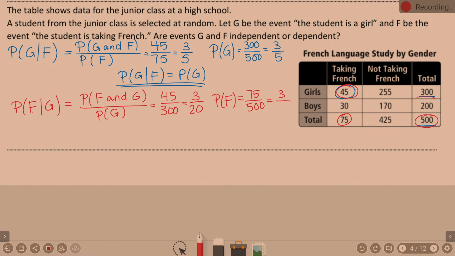How many 25s in 500? 20. What did we just figure out here? They're independent. The probability a student is taking French, given they are a girl, equals the probability the student is taking French. Because it worked both ways, we can say events F and G are independent.